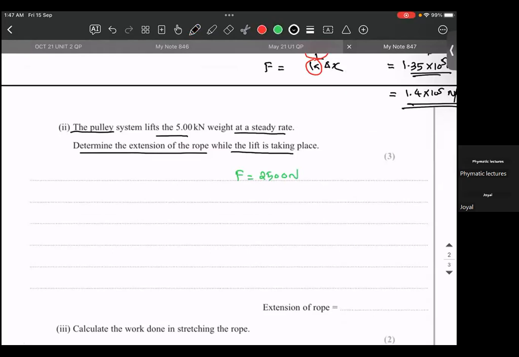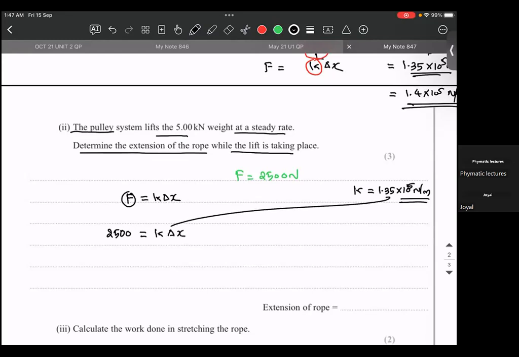And we are in a position to find the extension. Correct? So what is the equation? F is equal to K times delta X. We got the value of K, 1.35 times 10 to the power of 5 Newton per meter. And the value of F we also know, that is 2,500 is K times delta X. K you can substitute here.